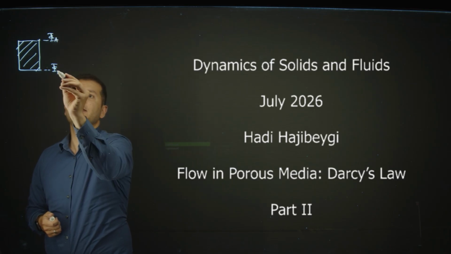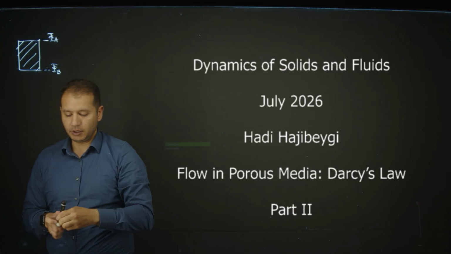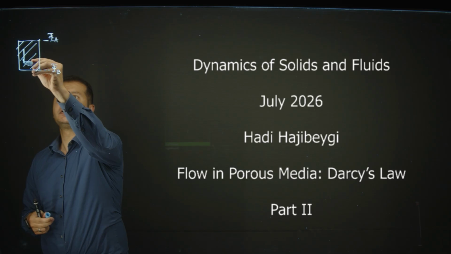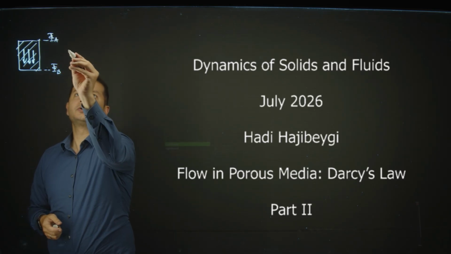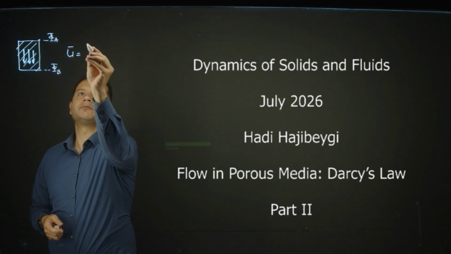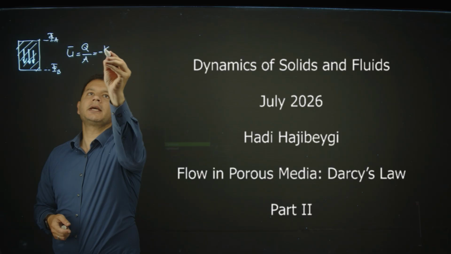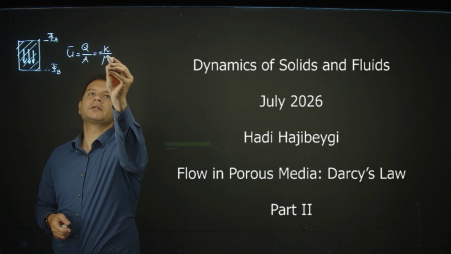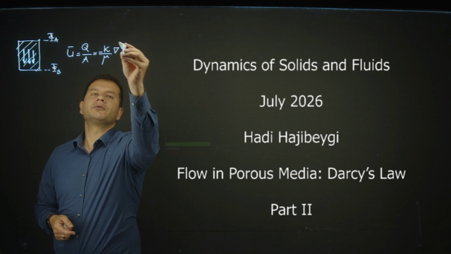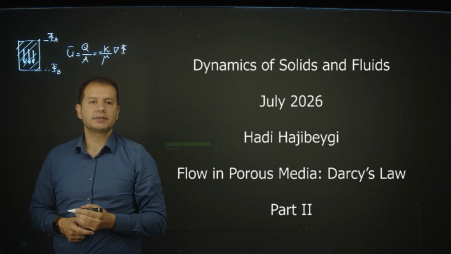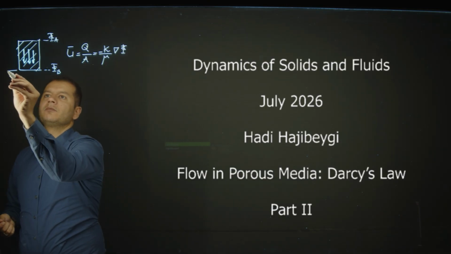Imagine this is A and this is B. And we found that the flow rate of the water in this sand pack was found to be U average, which was flow rate over the cross-section area, equal to minus K, permeability over viscosity, times the gradient of potential. For this 1D system, the gradient of potential is d phi dz or d phi dx, depending on what we call the reference axis.